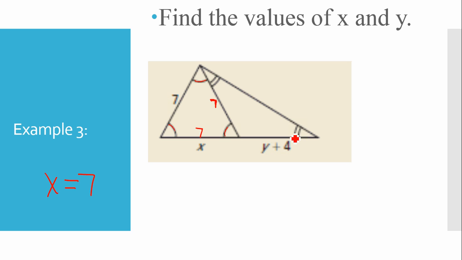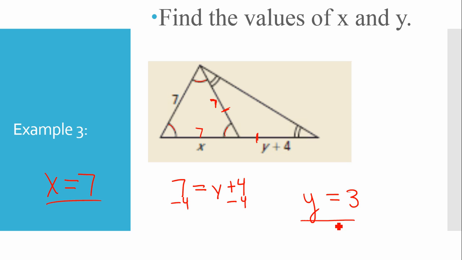Because these two angles are congruent, that tells me that this side is congruent to this side. Congruence means that their measurements equal. So since they are congruent, that means that I should set them equal to each other. So solve that out, and I find out that y is equal to 3. So x is 7 and y is 3 in this diagram.